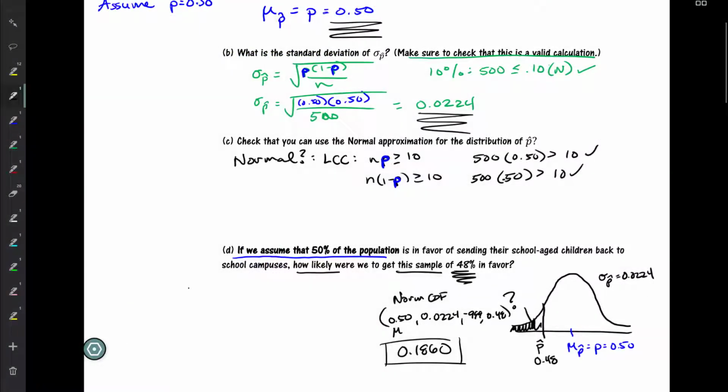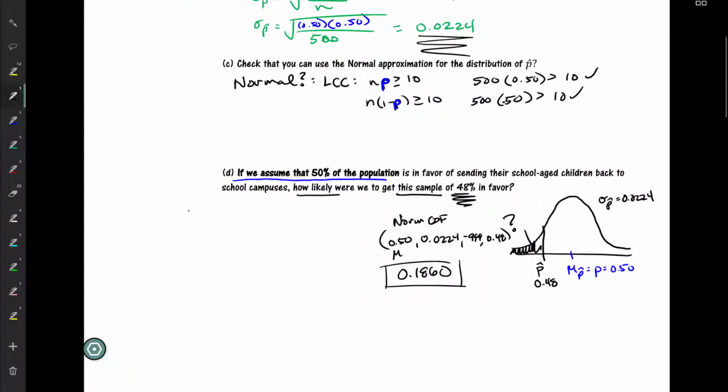More specifically, this can be thought of as the probability that our sample proportion is less than or equal to 0.48. And we see that there's an 18.6% chance, just by random chance alone, if we assume this is true, to see a sample like this. So the question is, do we really have convincing evidence that the true proportion is less than 50%?